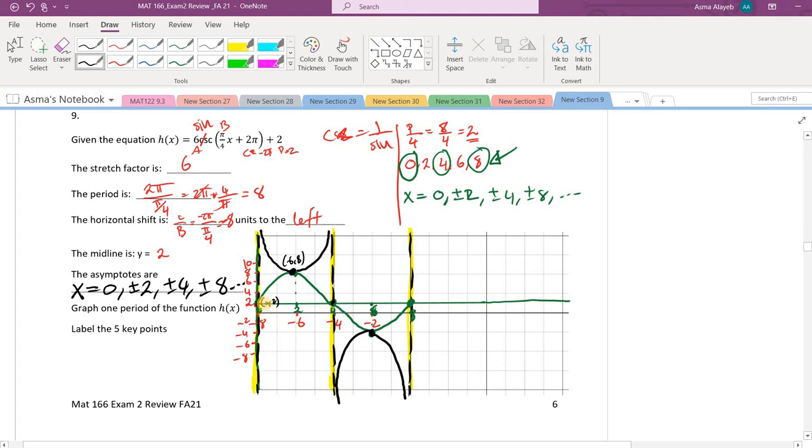This is 2 units up. So this is negative 8 and 2, sorry. This is negative 6 and 8. This is negative 4 and 2. And this point here is negative 2 and negative 4. And this point right here, which is the original x-axis, this is going to be 0 and 2. Okay, so these are the important points that I mentioned before. You can just label them or write them here.